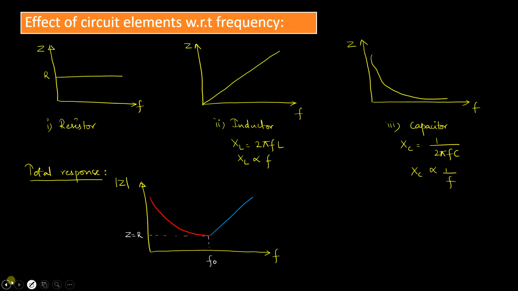Do write this somewhere: inductor at higher frequencies and capacitor at lower frequencies. This is when F is equal to F0, the condition when XL is equal to XC. Clear?